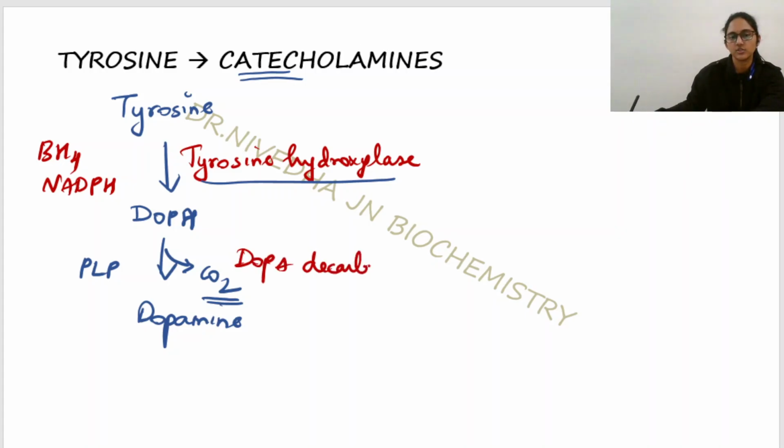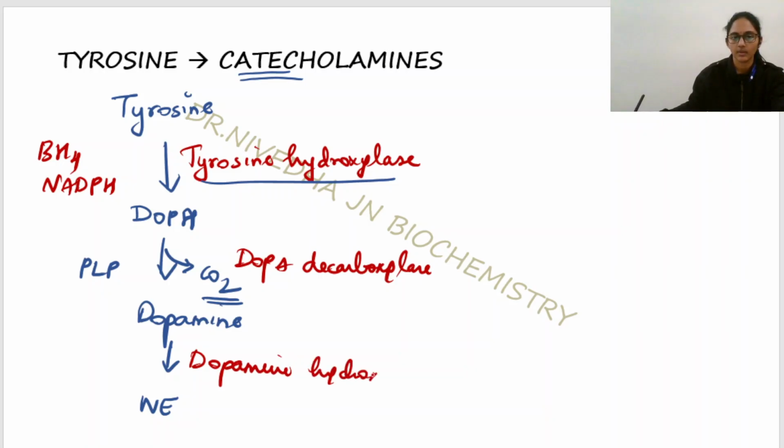Now this dopamine is going to get converted to norepinephrine. So the next one is norepinephrine by dopamine hydroxylase. So what is the enzyme? It is dopamine hydroxylase. Yes. So this is a copper containing enzyme. You also need vitamin C for this reaction.